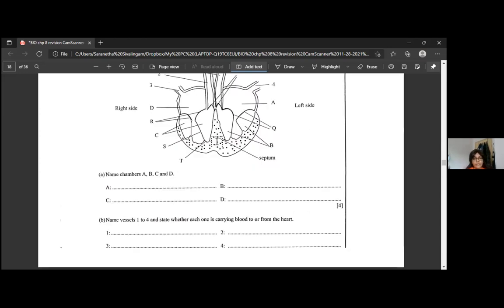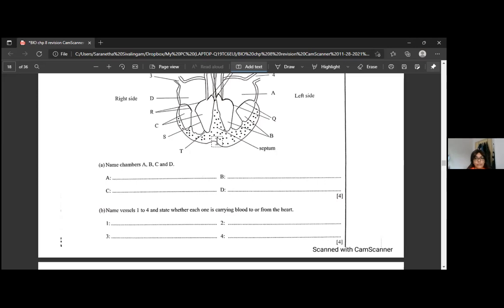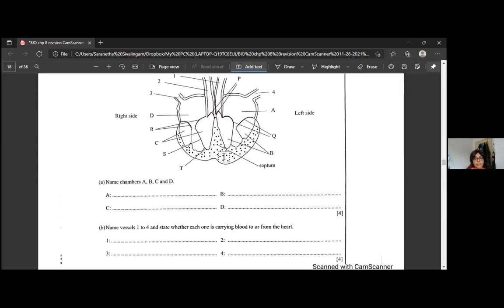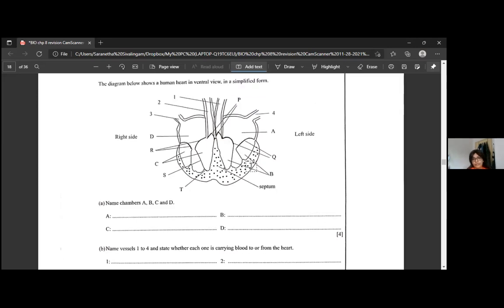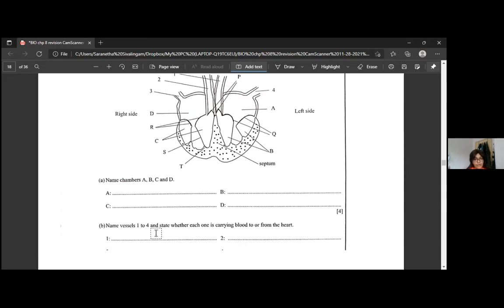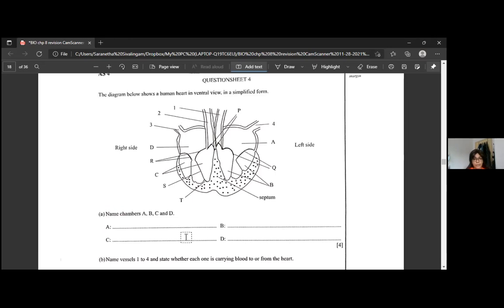So for the next question, name vessels 1 to 4 and state whether each one is carrying blood to or from the heart. I'll open this one to the class now. So for 1, yep, Teng got it.